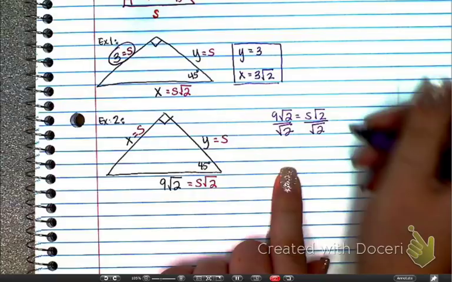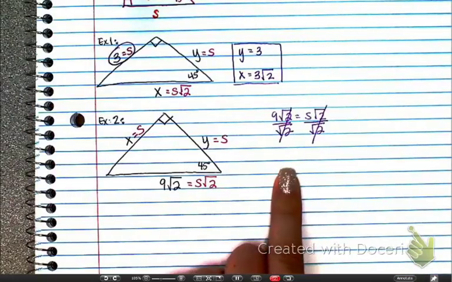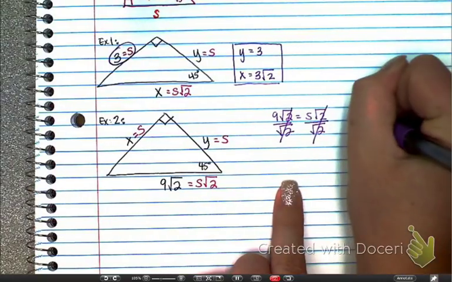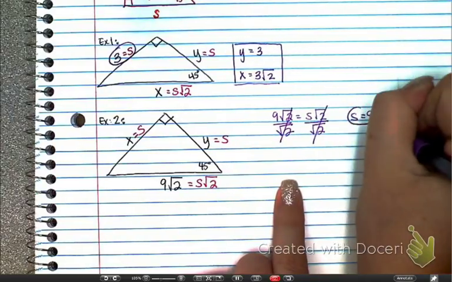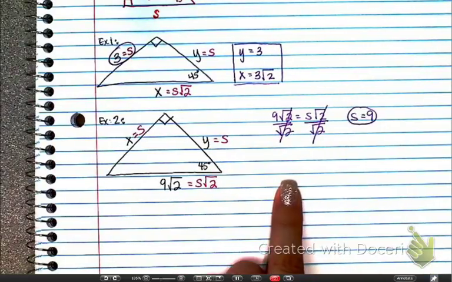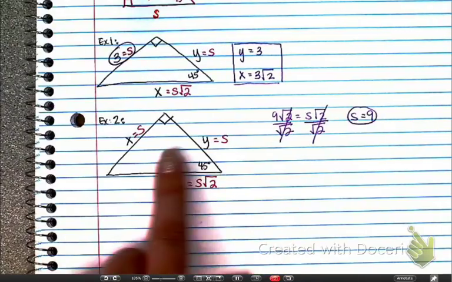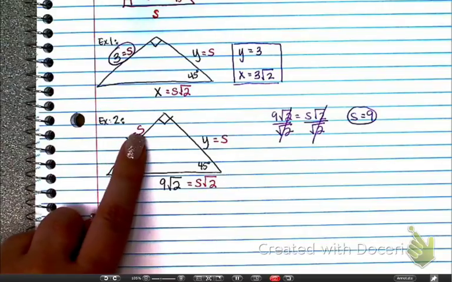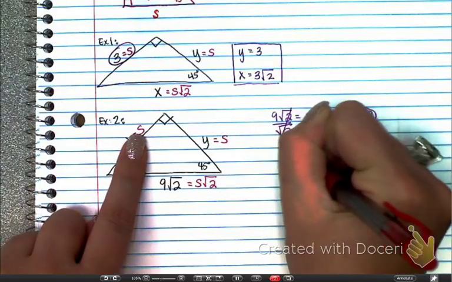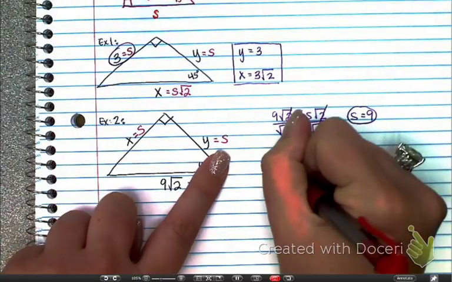Those radical 2's cancel, leaving me with S equals 9. Now that I know what S is, I can plug it back in to my x and y equation. So if x equals S, then x equals 9 and y equals 9.